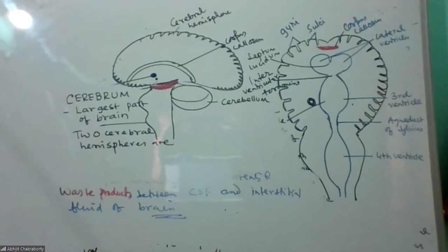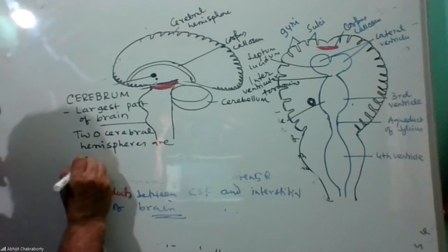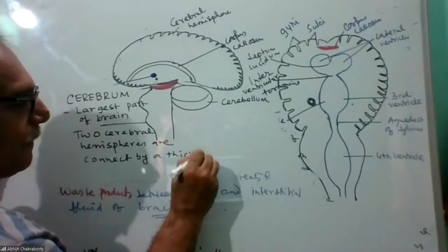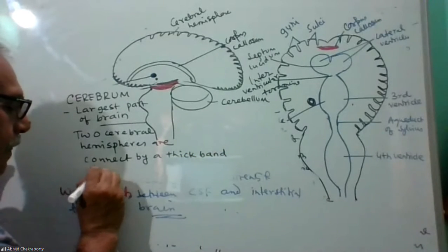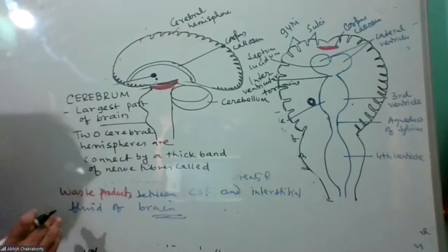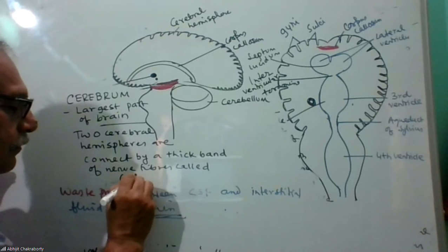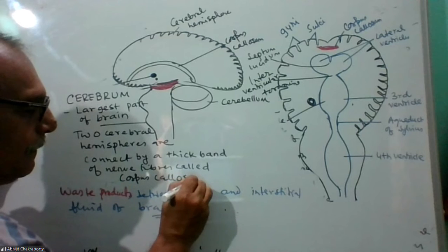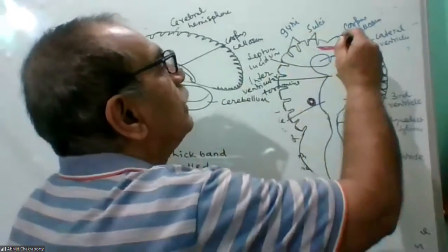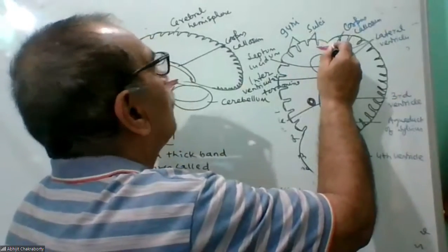The two cerebral hemispheres are connected by the corpus callosum.